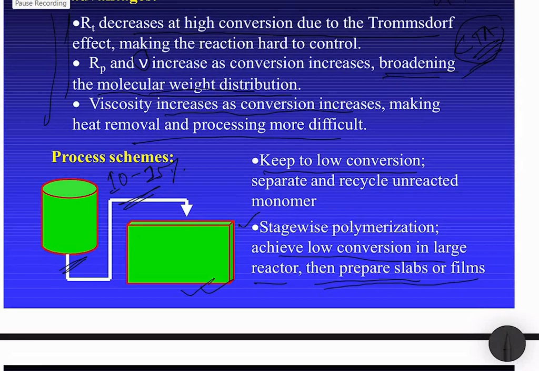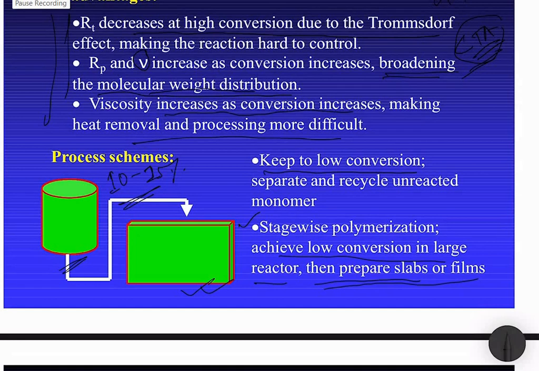Now, as this mass is spread within the mold, having much higher surface area, the heat dissipation becomes a little bit improved, because of the lower thickness of the mass and the higher surface area. So that way, in stage 2, in the form of this slab or film, the rest of the polymerizations can be carried out.